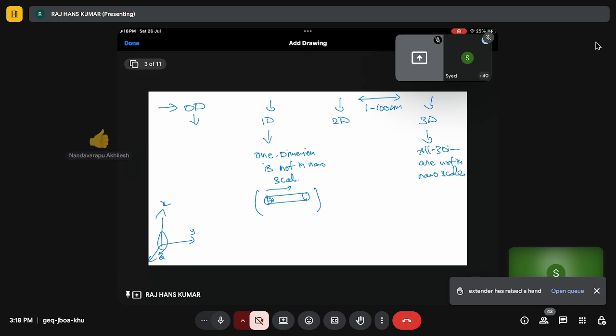To measure the circumference, we take one dimension, the radius r. So one quantity r is enough to define my x and y axes. What happens if my r is in nanometers? That means my x and y are in nanometers, so it lies between 1 and 100 nanometers.